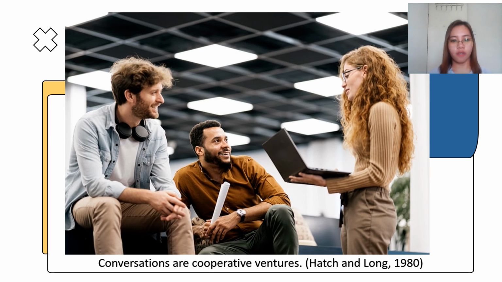Right. So the picture shows that conversations are cooperative ventures according to Hatch and Long. So it means that engaging in a conversation involves collaboration between participants, fostering mutual understanding and shared meaning.